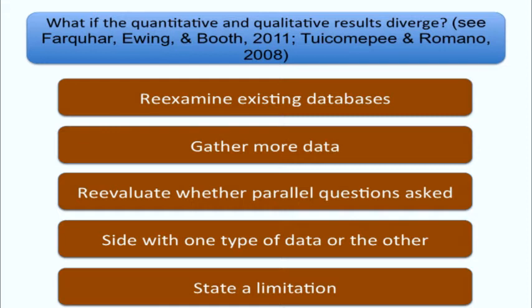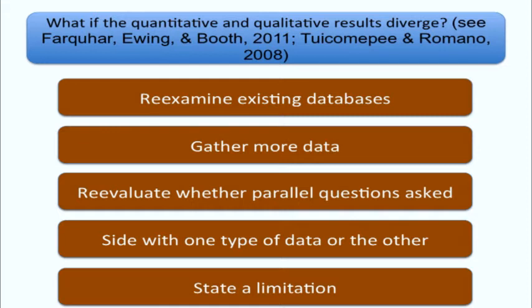Another strategy is to go out and gather more data to resolve that discrepancy. That can be expensive. It's maybe not as used as frequently as it perhaps should be. Often people will go back to look at those questions to see if they're parallel between the quantitative and qualitative database. Now, strategies that are probably not recommended would be at the bottom of my list here.